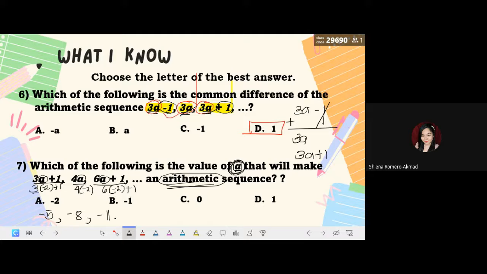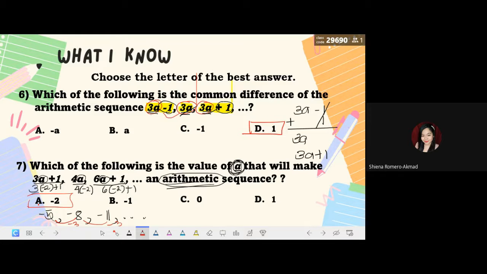So, is this a sequence or arithmetic sequence? I mean, ano ba yung difference nilang dalawa? Difference nila is negative 3. Difference nila is also negative 3. Of course, this is an arithmetic sequence because they have a common difference. So the correct answer here is letter A.